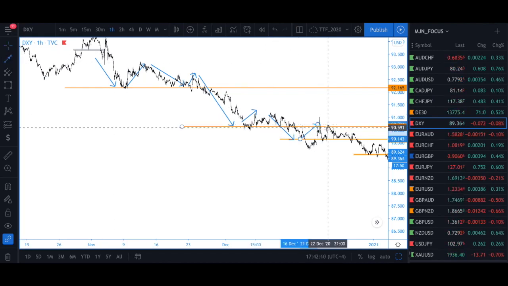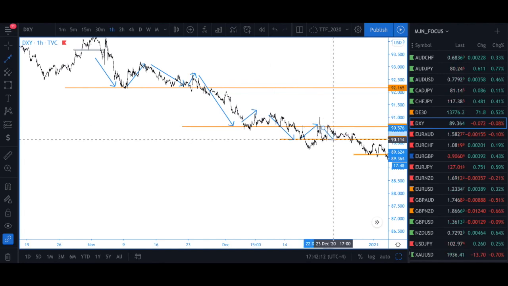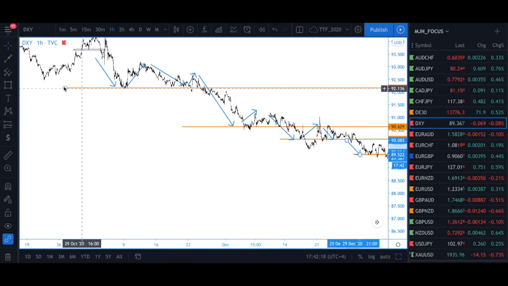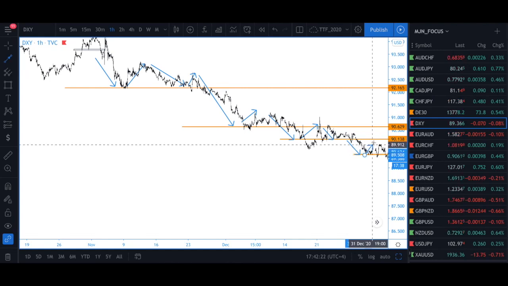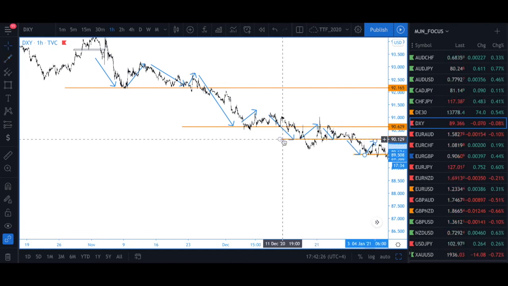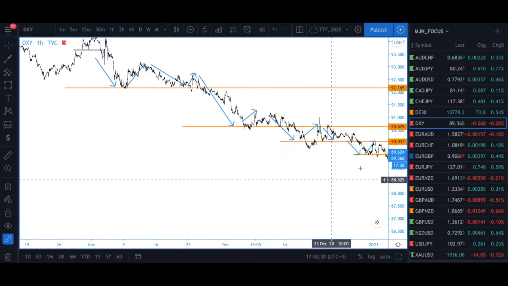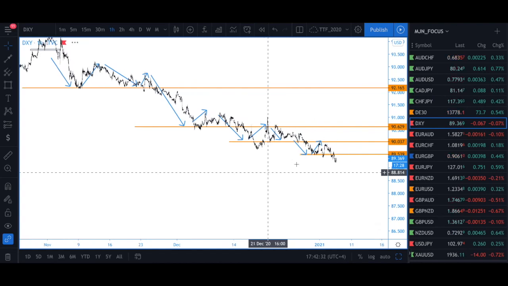Again you can see it beginning to support this level until that level is broken, and again you see it bounce up, and where does it begin to reject from? This region over here where the previous support was. Then it reaches that level and begins to fall again.